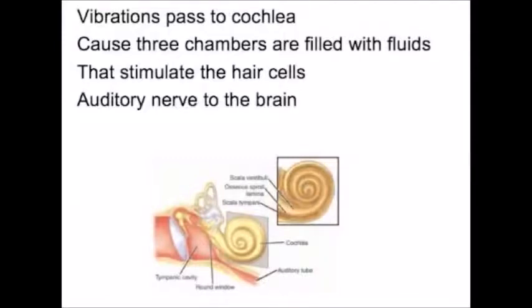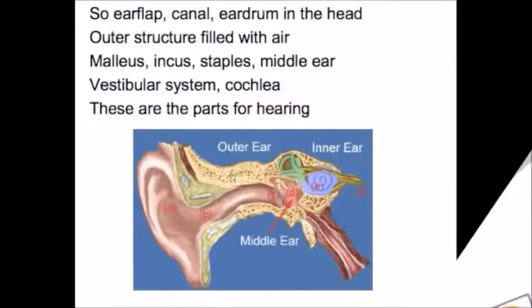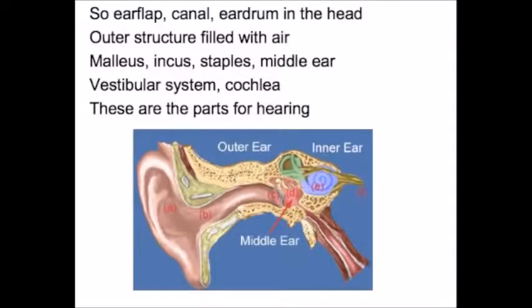Vibrations pass through cochlea, cause three chambers are filled with fluids that stimulate the hair cells. Auditory nerve to the brain. So if I turn out eardrum in the head, outer structure filled with air, malleus in the stapes, middle ear, vestibular system, cochlea. These are the parts for hearing.